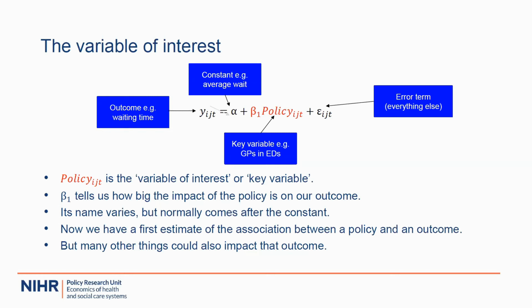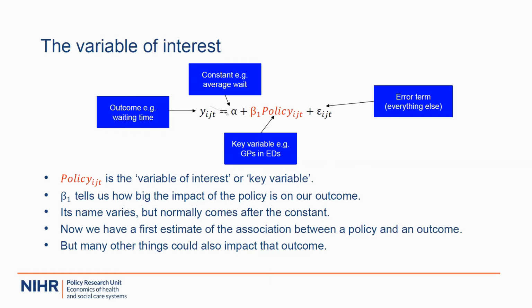So that is telling us that number, it would be turned into a number when you saw any results, is telling us how strong the relationship is between the presence of the policy and our outcome of interest. But you can see that nothing else is in this equation. So we just have the average experience for everyone, that's alpha. We have the presence of GPs, and we have the everything else term.